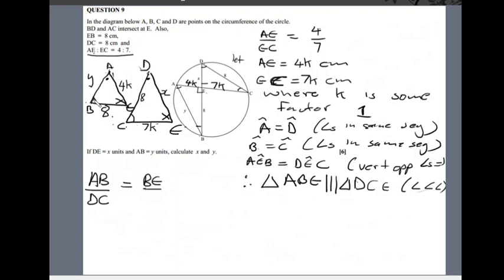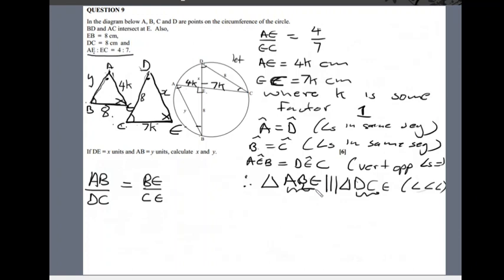It's AB over DC, BE over CE, or AE over DE.